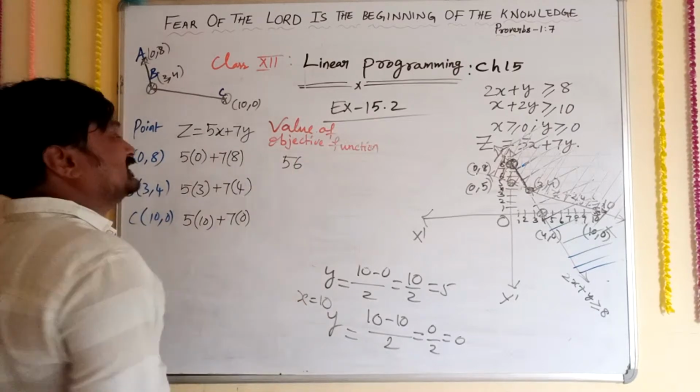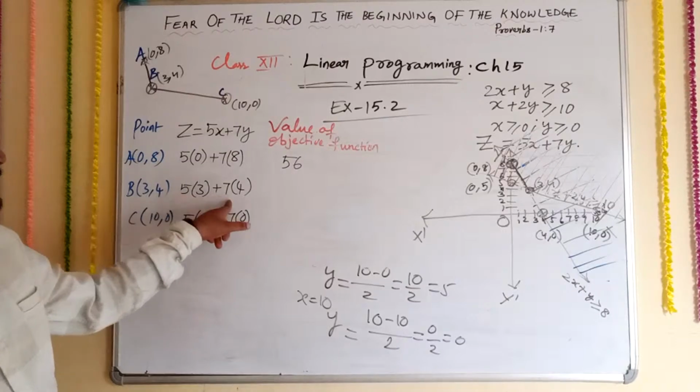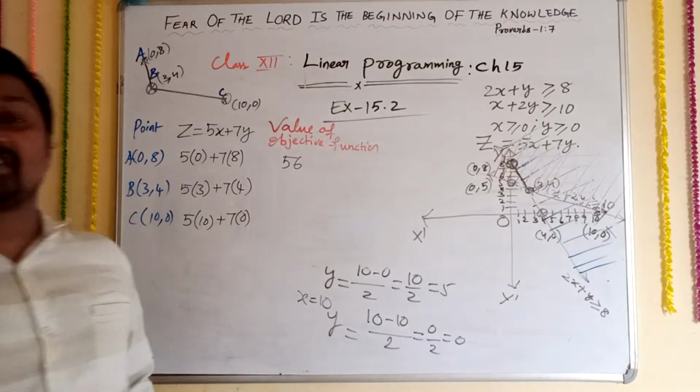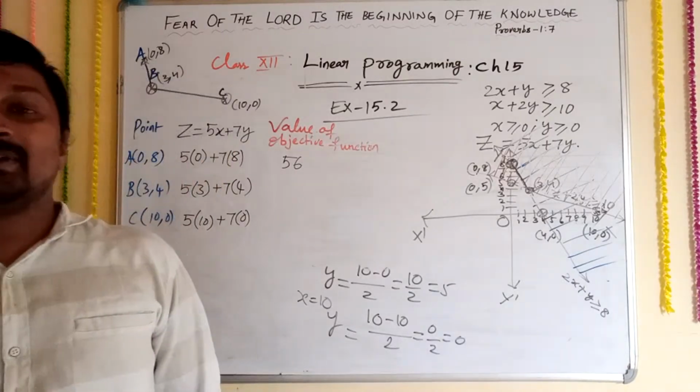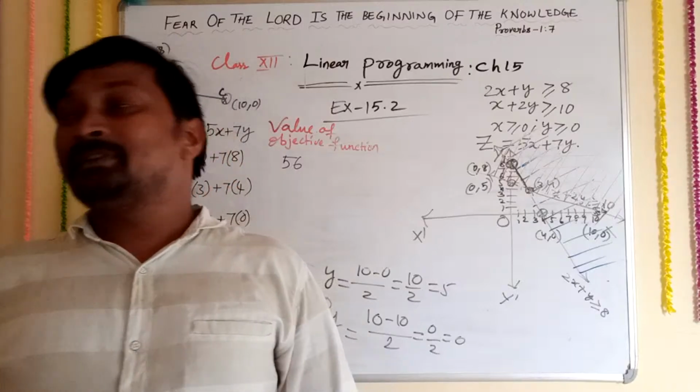56. Now next. 5 threes are 15. 7 fours are 28. So 28 plus 15 how much? Add and tell to me fast.